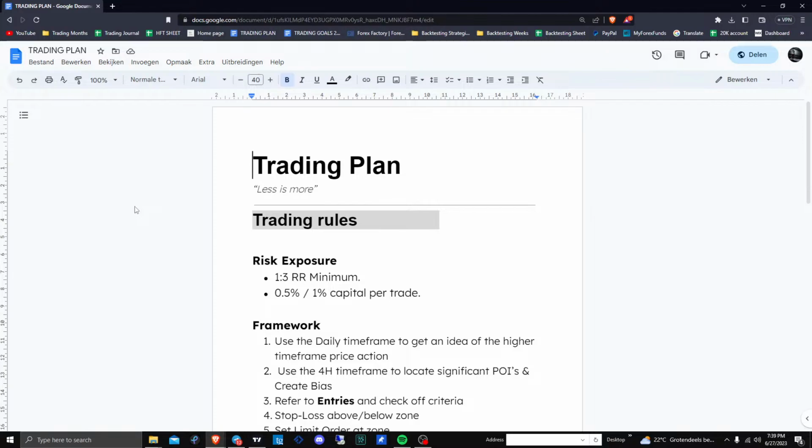Controlling your emotions is difficult, because oftentimes people don't have a set of rules. They're more so just buying and selling whenever they see an opportunity. But professional traders, and myself as well, really use a trading plan.